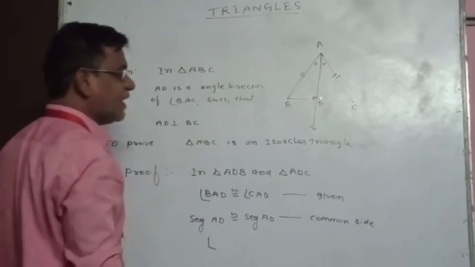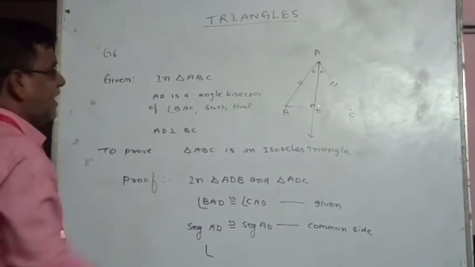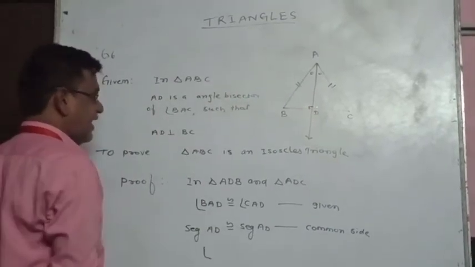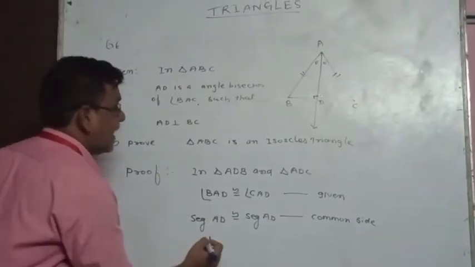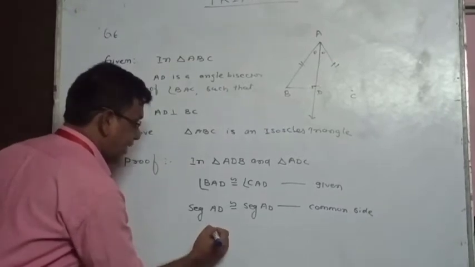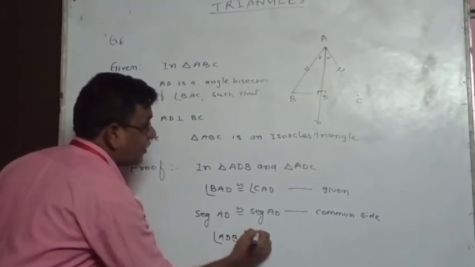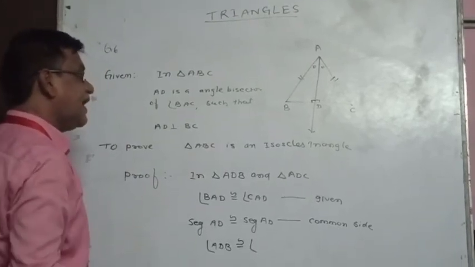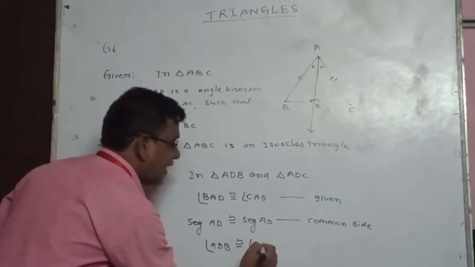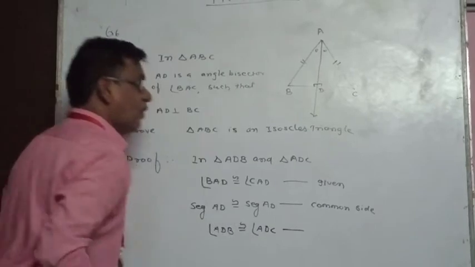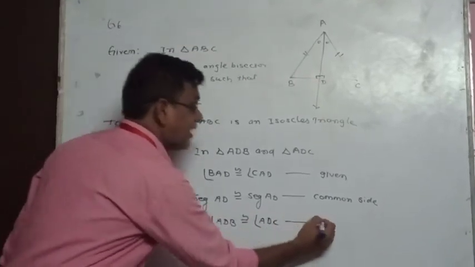These two angles are also 90 because AD is perpendicular to BC. So angle ADB is congruent to angle ADC. Reason, it is given.